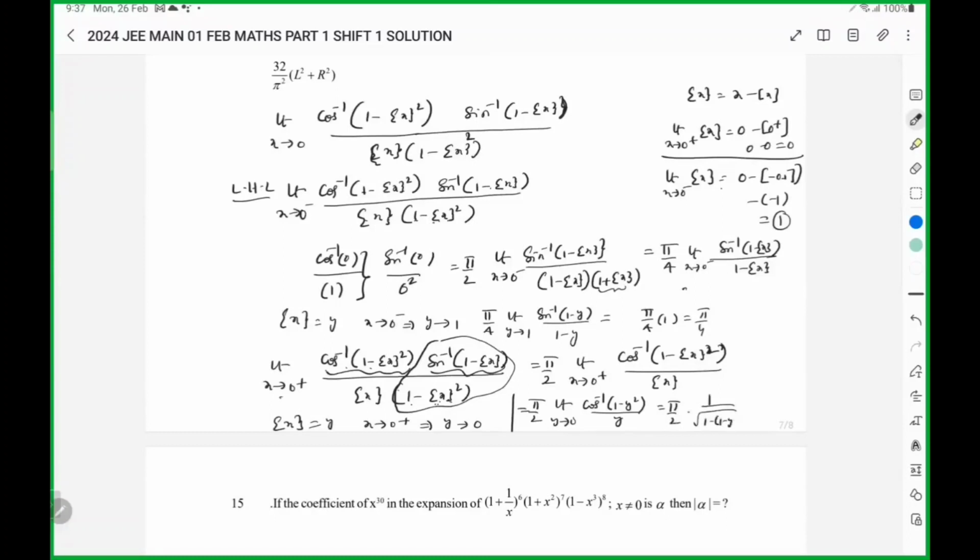Derivative of the numerator: minus 2y, and the derivative of y is 1.